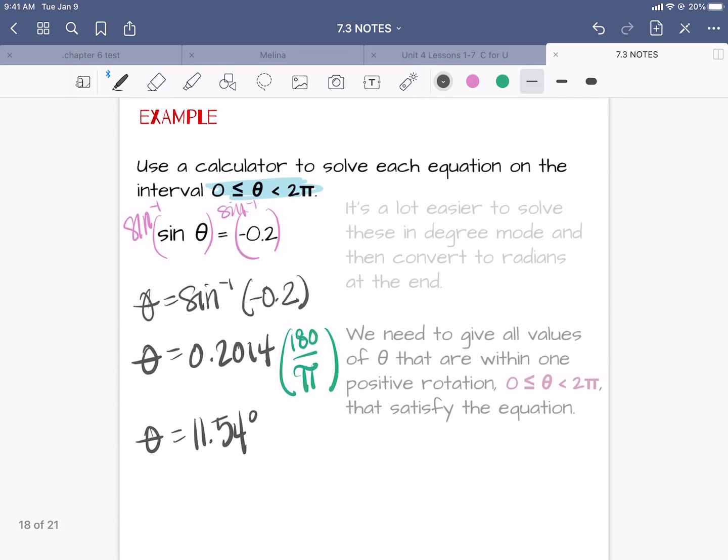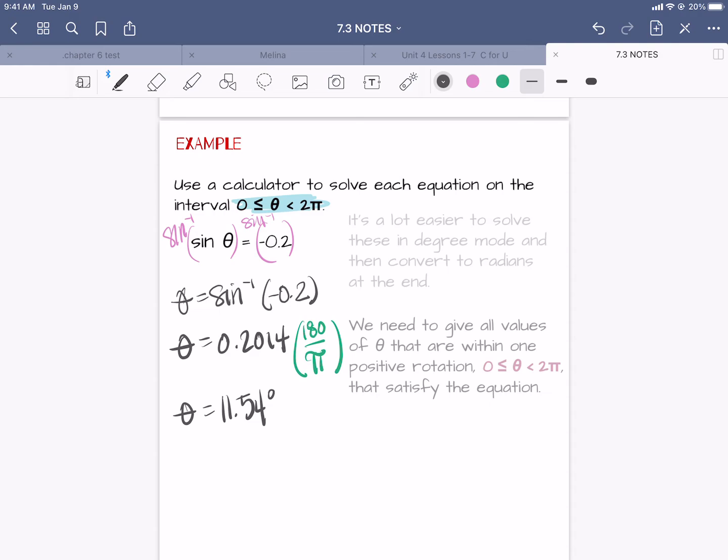Okay, so I am now going to answer this question now that I know what the angle is. Theta is 11.54, but it's going to happen twice. And it's positive, so it's going to happen right here. That's 11.54. And then its sine is also positive in quadrant 2. So that's going to be 11.54 degrees shy of 180, right? 0 to 180.